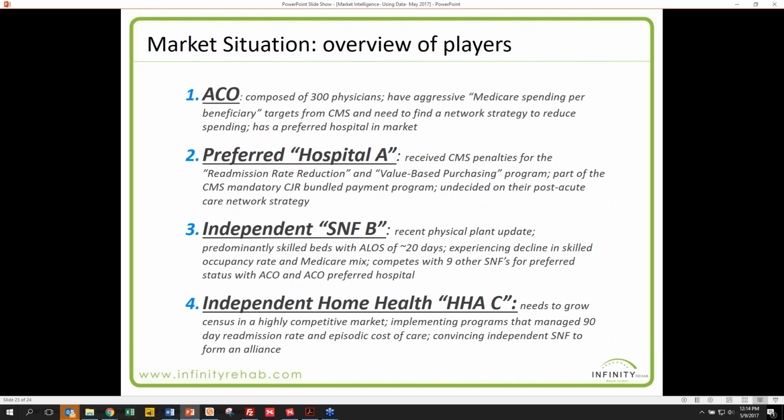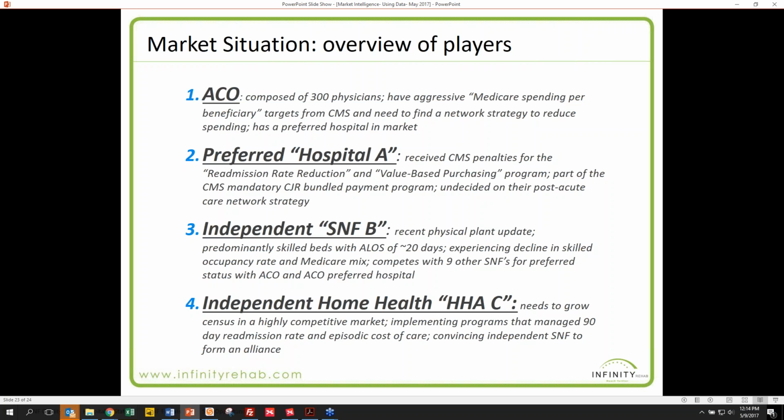The majority of that ACO's patients come out of a hospital for which this SNF is not a preferred provider. The problem is that this hospital has not bought into a narrow network strategy. And then here we have our independent SNF B, who have undergone a recent physical plant update, spending millions of dollars.